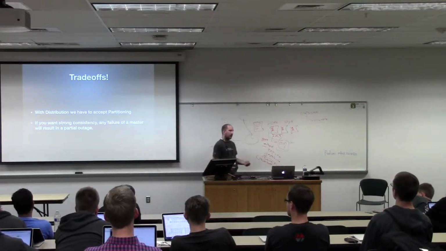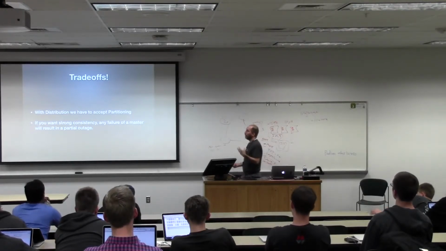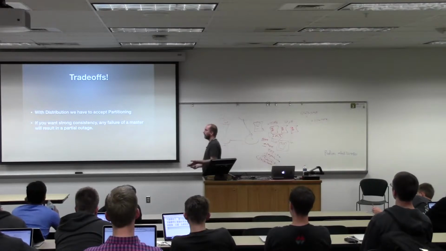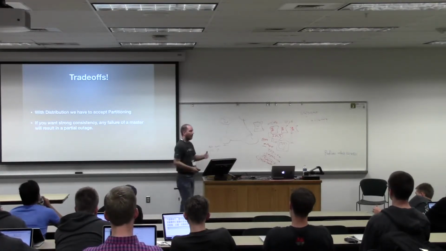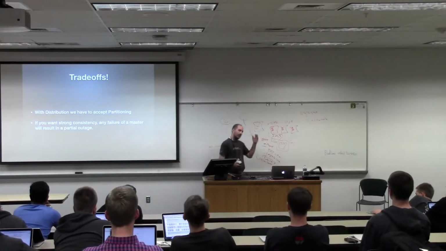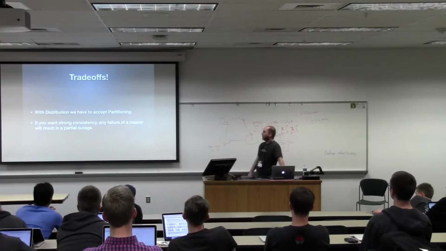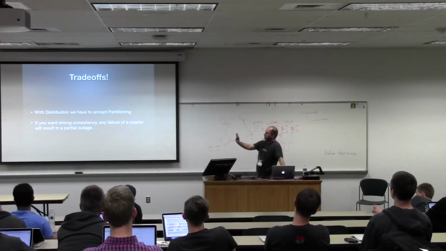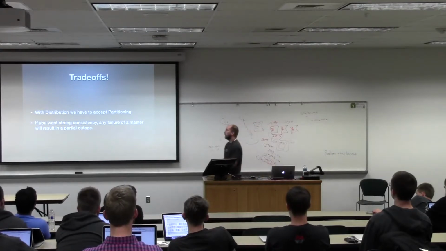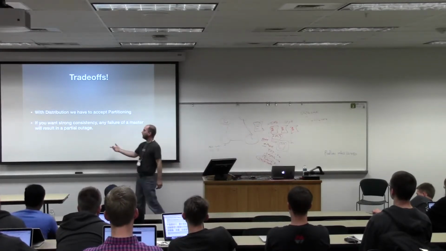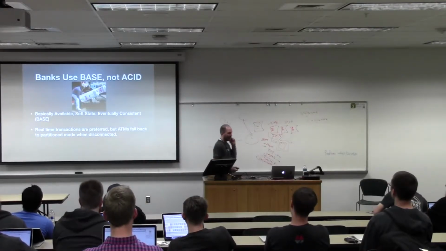And if you want strong consistency, any failure of a master will result in a partial outage if we have a master server system or a master slave or I don't know what other words we use these days to describe those systems, but any system that depends on masters. When you're using a master, you're implying to me, at least from a distributed systems perspective, that you're creating a system where you like some type of strong consistency.